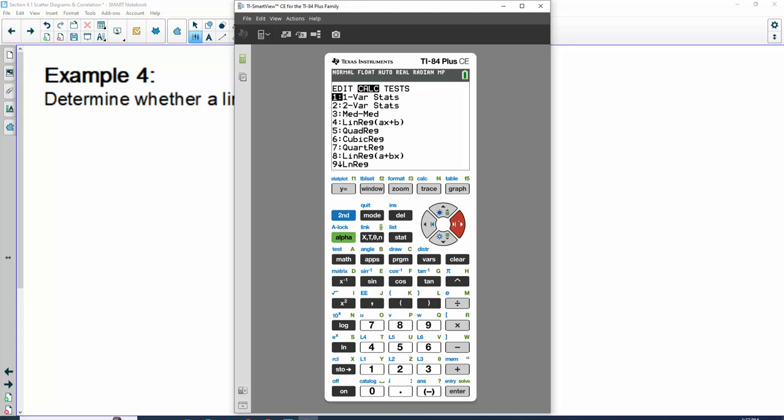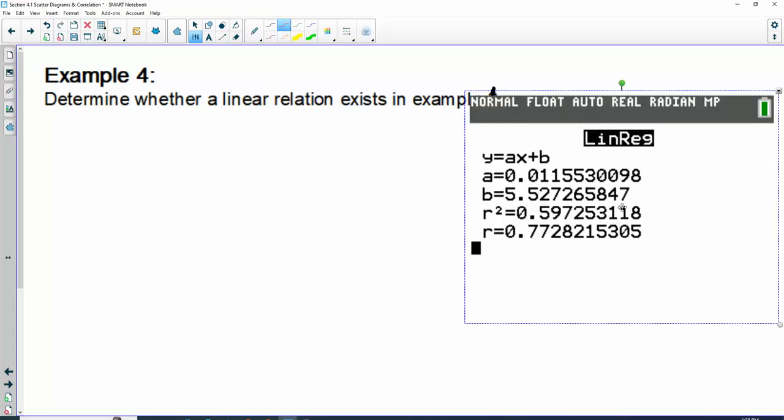So number 4, linear regression, ax plus b. It tells me the a and the b, that would be like the linear equation, y equals mx plus b. But what I'm really concerned with is the R.